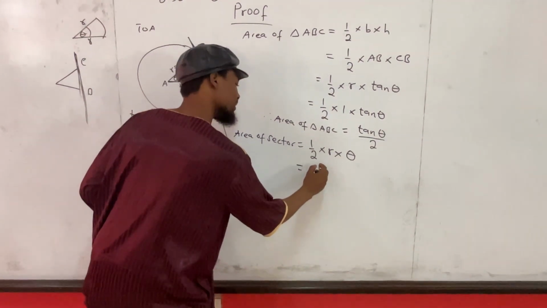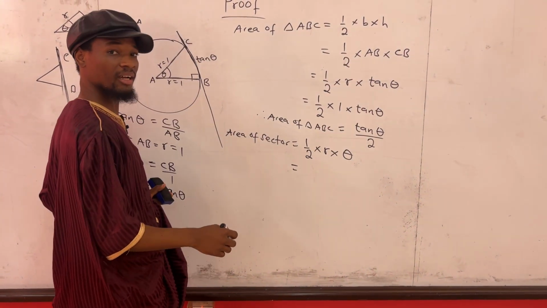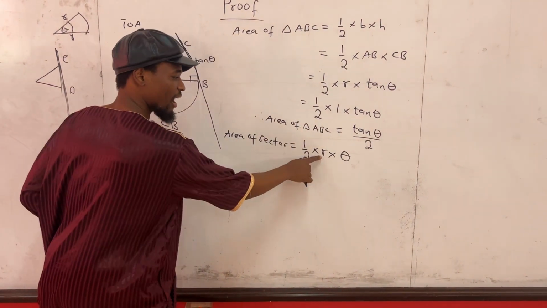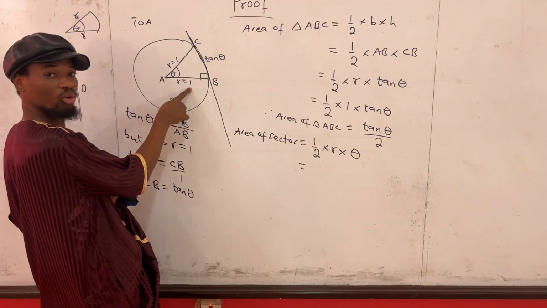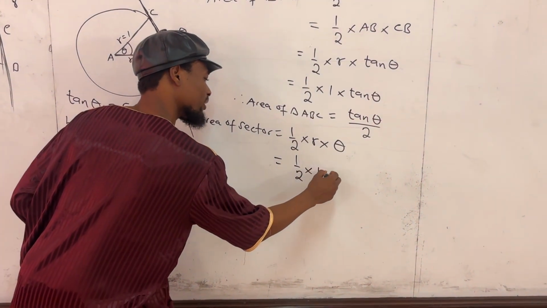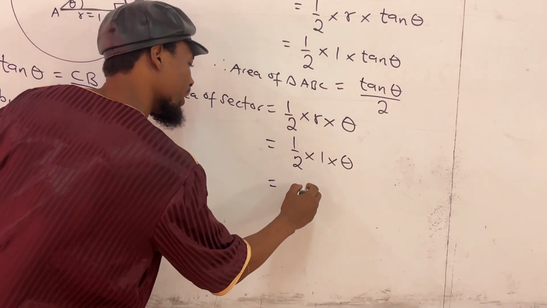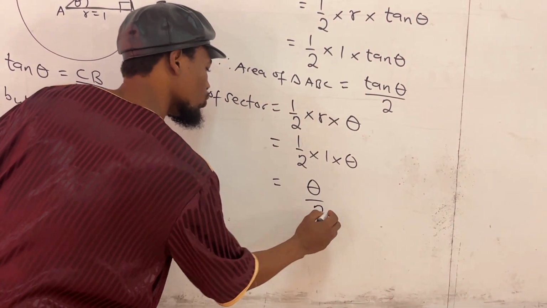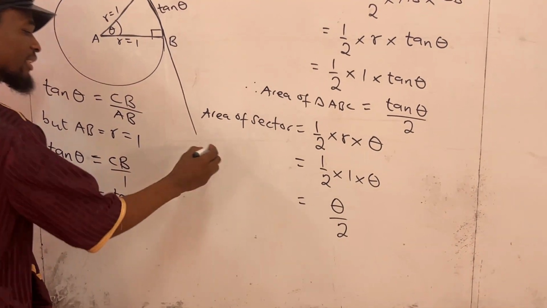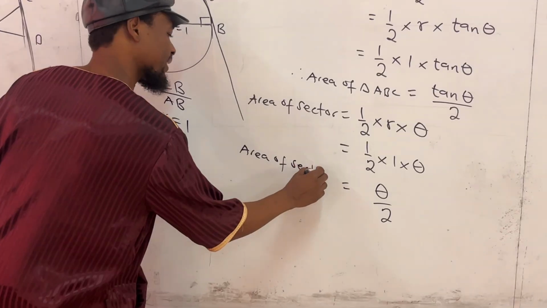So the area is R theta, right? But remember, R is equal to 1. So I have half times 1 times theta. So therefore, the area of the sector is given by theta divided by 2. So this is the area of the sector.